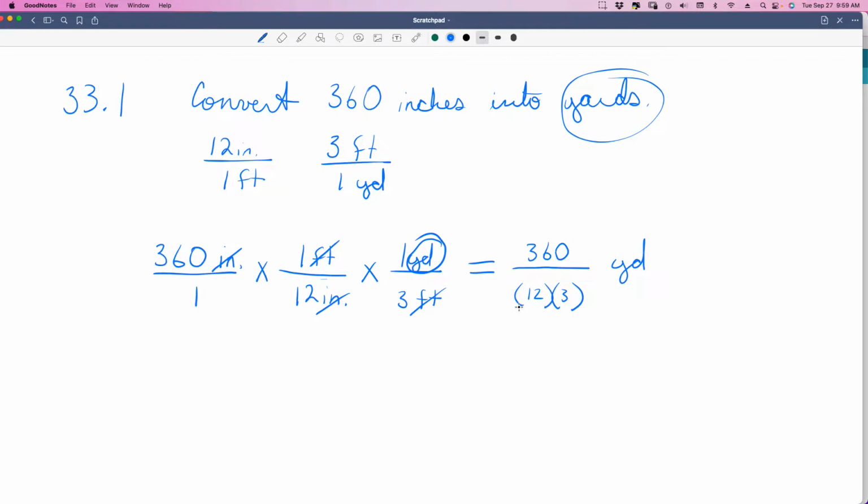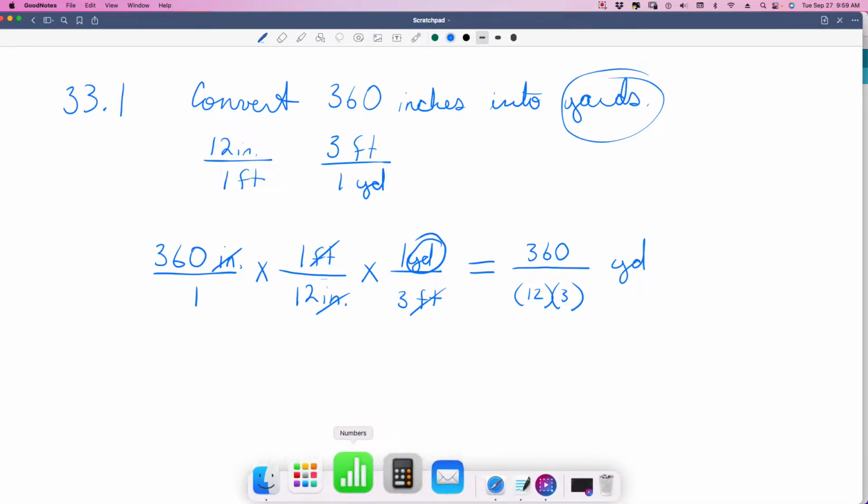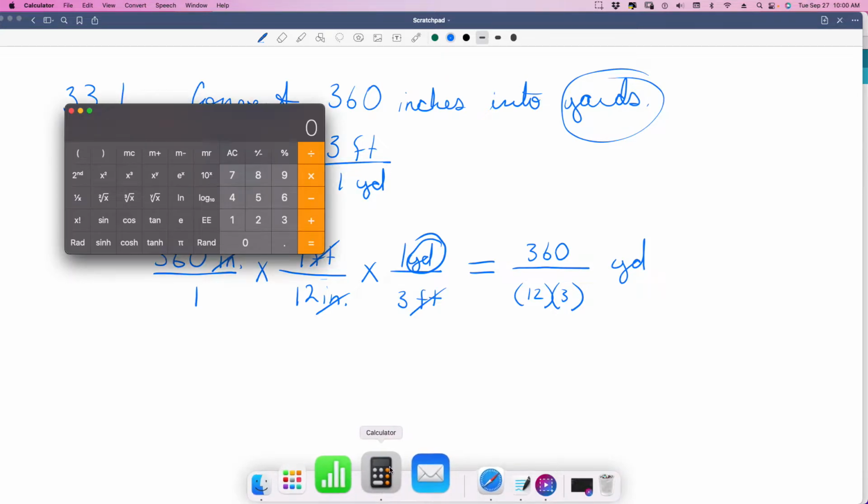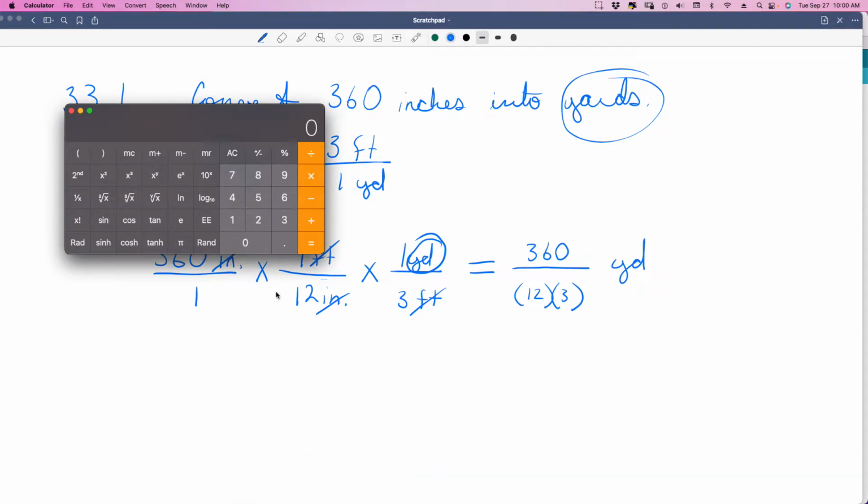But I will give you an exception. I'm going to pull up my calculator so you can see it. You can test your answer. I'm giving you some authority over your answer.